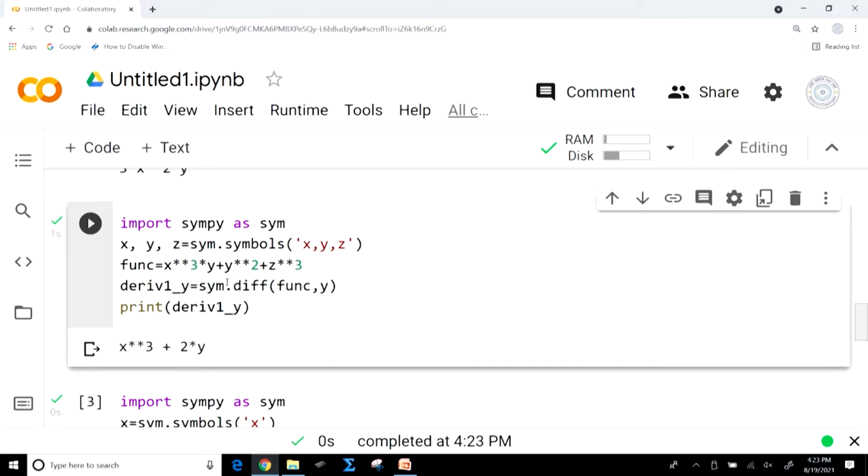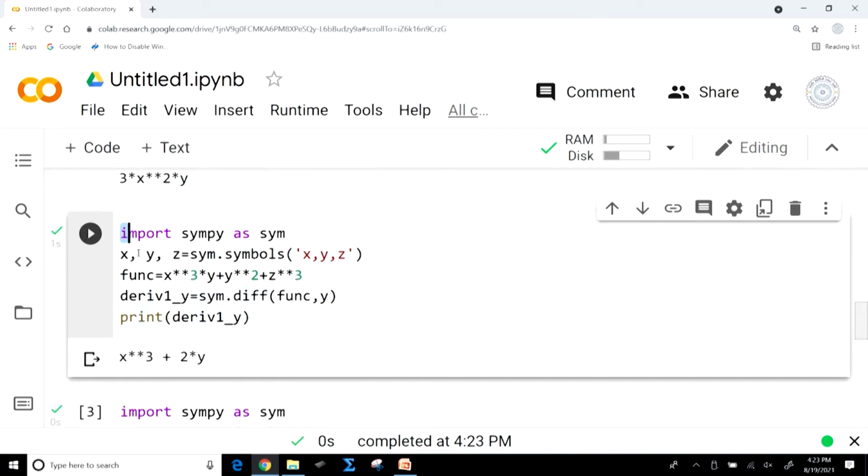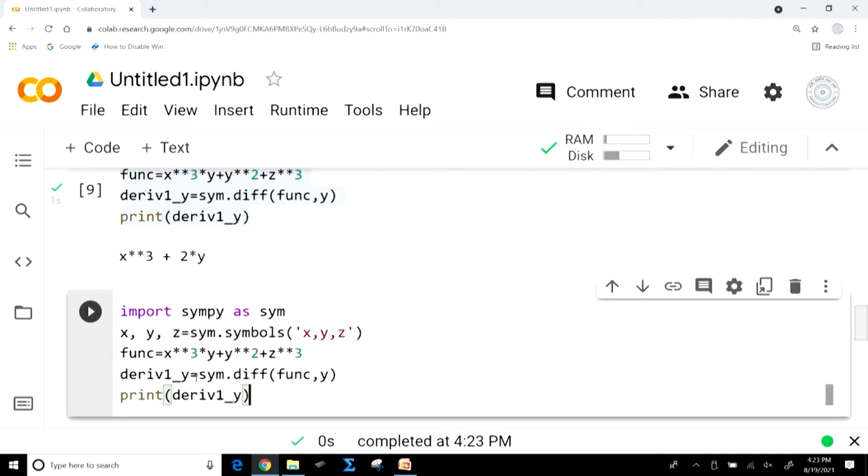Now, suppose you want to find the second order partial derivative of this function with respect to x. How can you compute that? We can simply copy this code again. I am denoting it by some other notation, since I want to calculate the second partial derivative, so I can write x 2 times here.